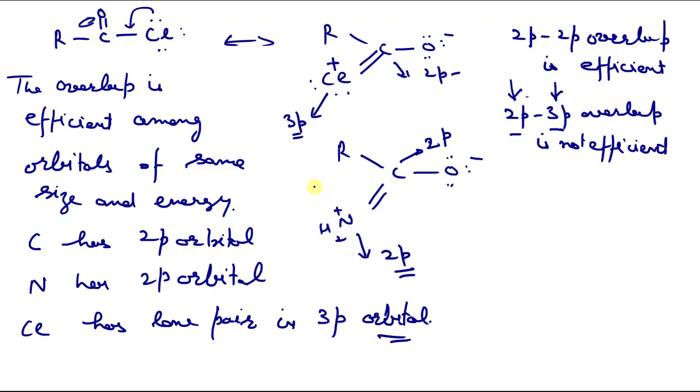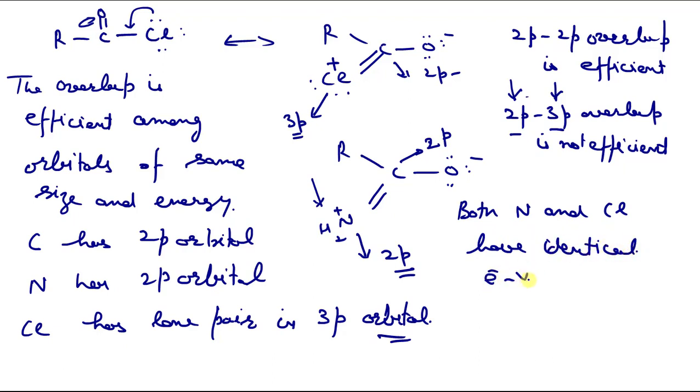So why have I compared with nitrogen? Because both nitrogen and Cl have identical electronegativity. Our first explanation of the order of stability was on the basis of electronegativity, but nitrogen and chlorine have almost the same electronegativity. So we need some other explanation, and it is evident when we look at the orbitals involved in this overlap.